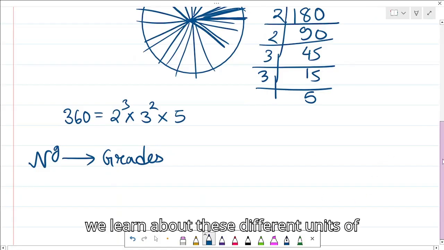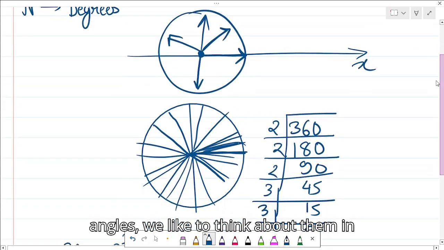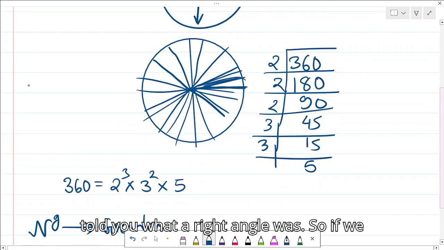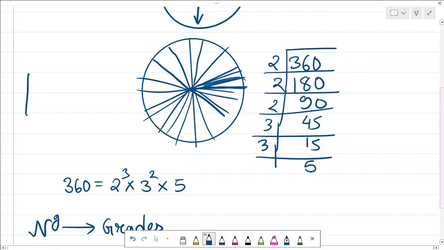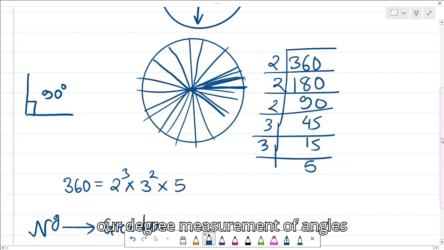Usually, when we learn about these different units of angles, we like to think about them in terms of right angles, right? So I already told you what a right angle was. So if we have a right angle, that's 90 degrees in our degree measurement of angles.